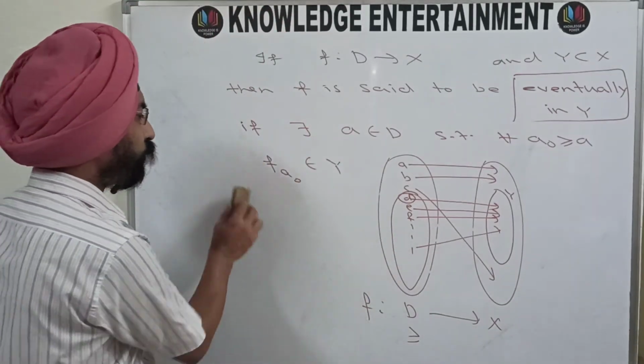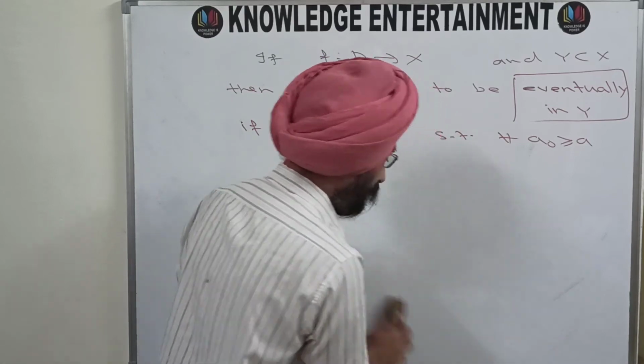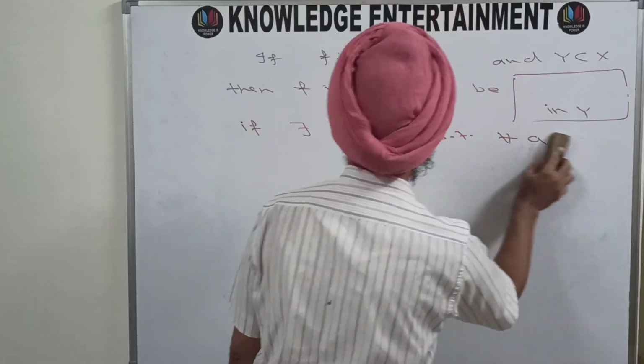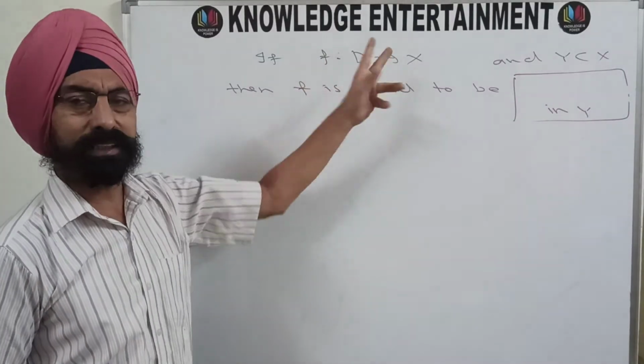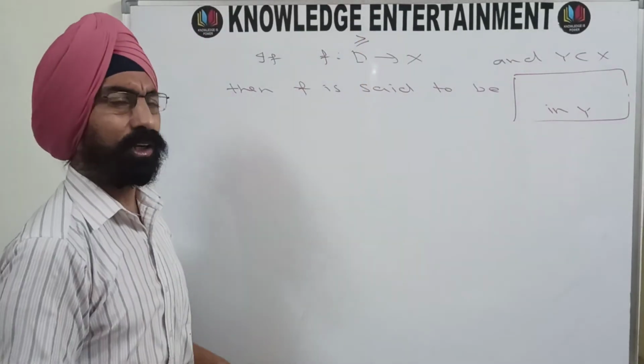And now I am moving on to the third important thing. The third important thing is, once again, F from D to X is a net. D is having some binary relation greater than or equal to.